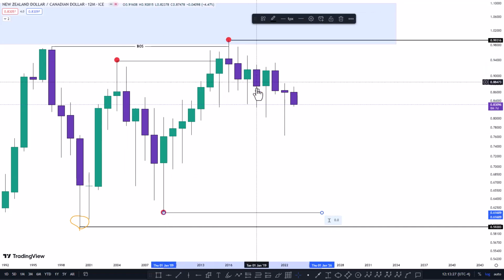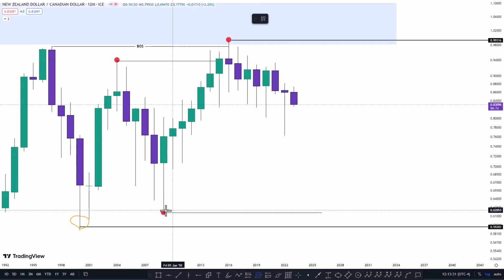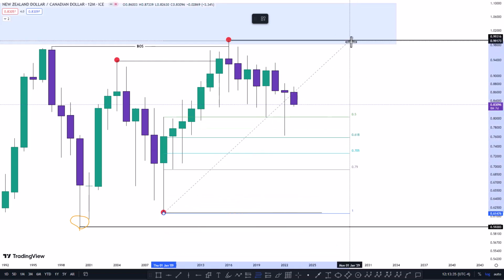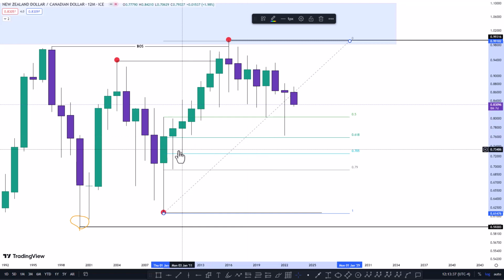Now, we need to study the movement. First of all, we want to see how the market is going to trade back to our optimal trade entry, somewhere here or somewhere here. This pullback is still going all the way down. We want to see the market pushing all the way down to this optimal trade entry.